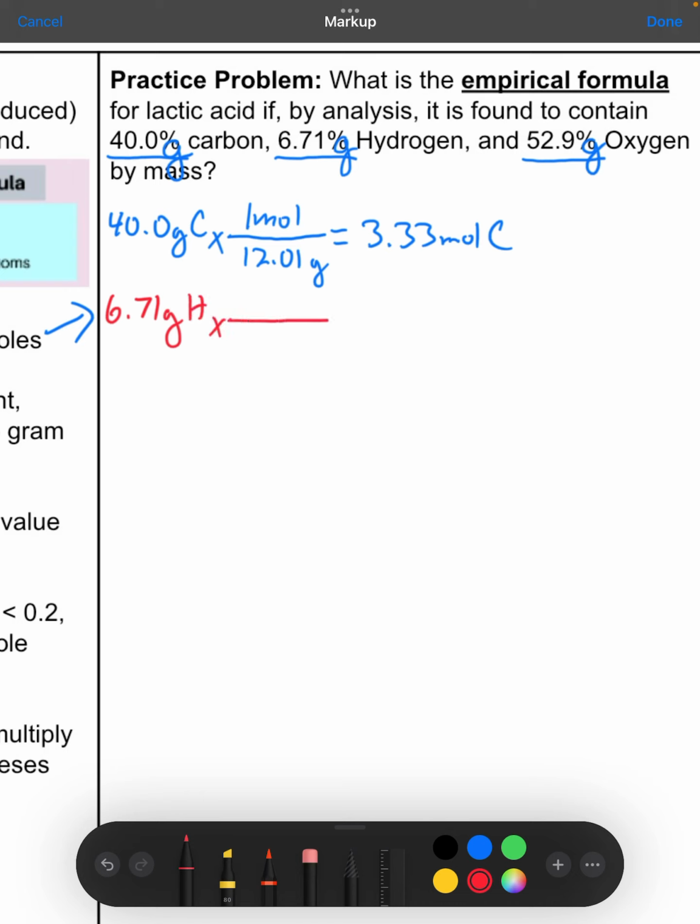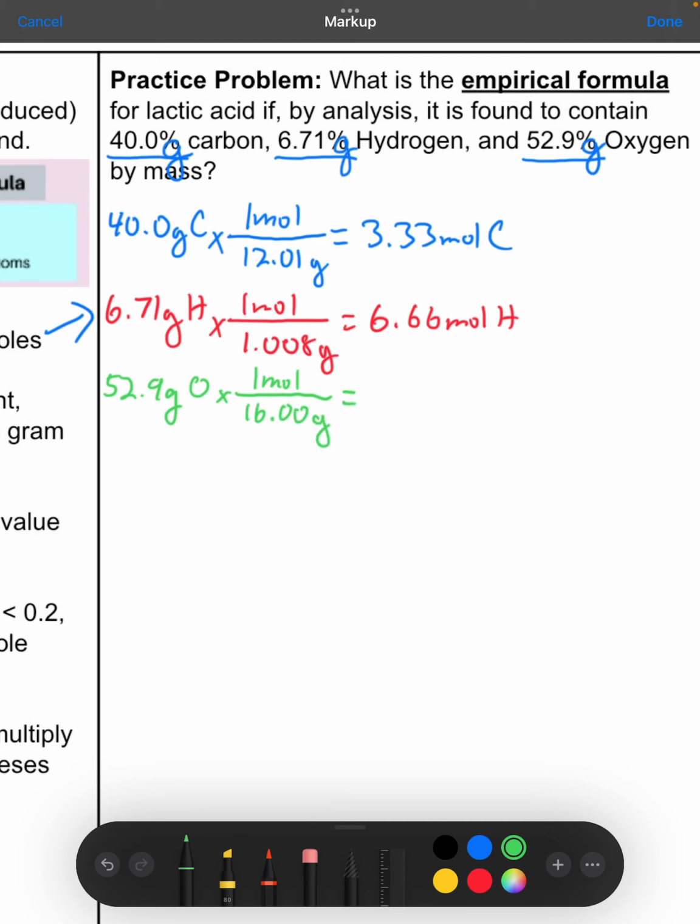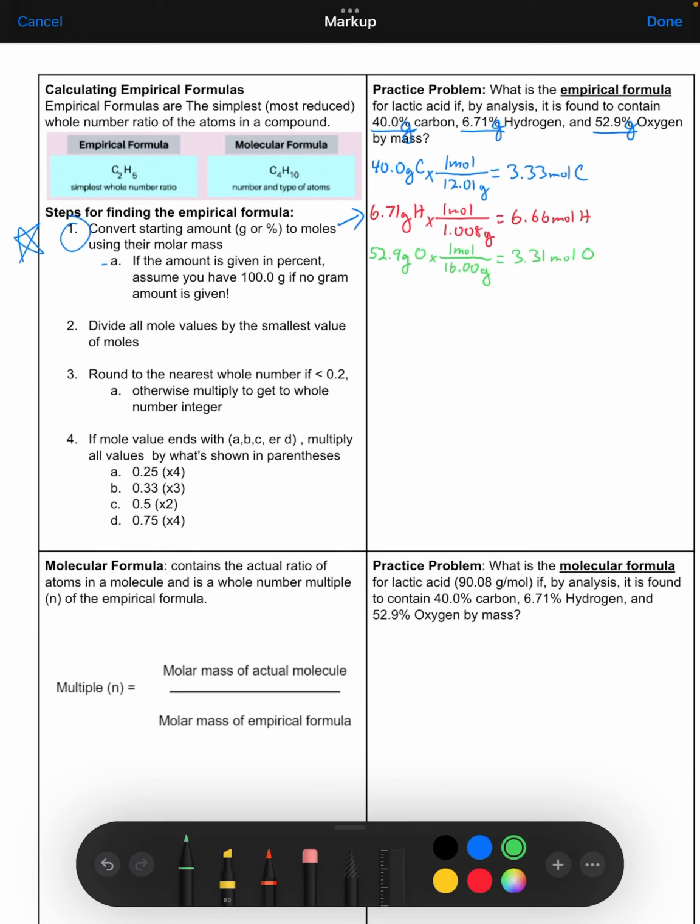On the periodic table, 1 mole of hydrogen weighs 1.008 grams. Therefore, I have roughly 6.66 moles of hydrogen. Starting with 52.9 grams of oxygen, on the periodic table, 1 mole of oxygen weighs 16 grams, which means I have roughly 3.31 moles of oxygen. Okay, so that is step 1 done.